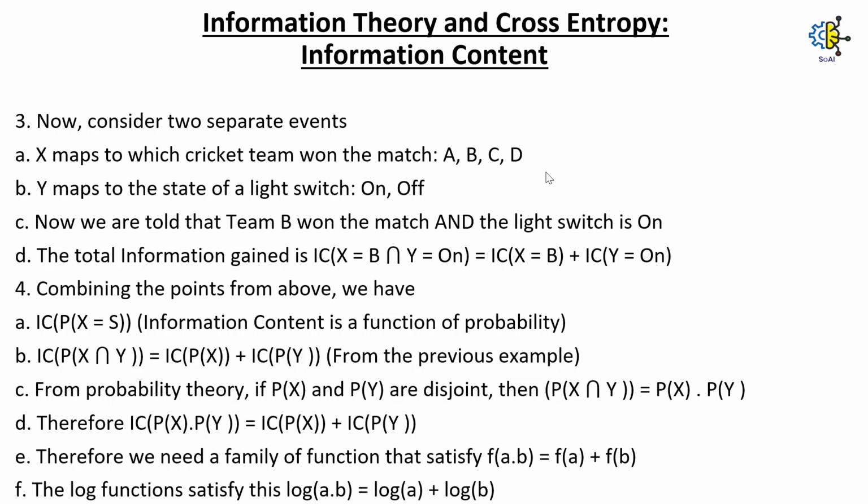And from the previous example, IC of probability X intersection Y is equal to IC of probability X plus IC of probability Y. From probability theory, if X and Y are independent, then probability of X intersection Y is equal to probability of X times probability of Y. Therefore, IC of probability of X times probability of Y is equal to IC of probability X plus IC of probability Y. Therefore, we need a family of functions that satisfy f(a·b) = f(a) + f(b).